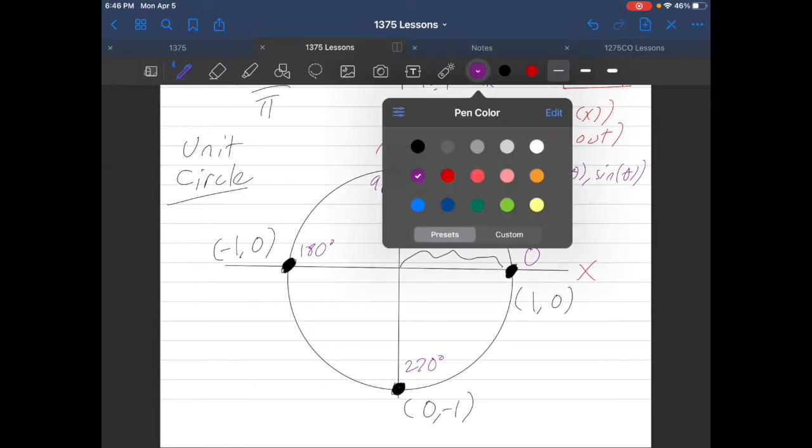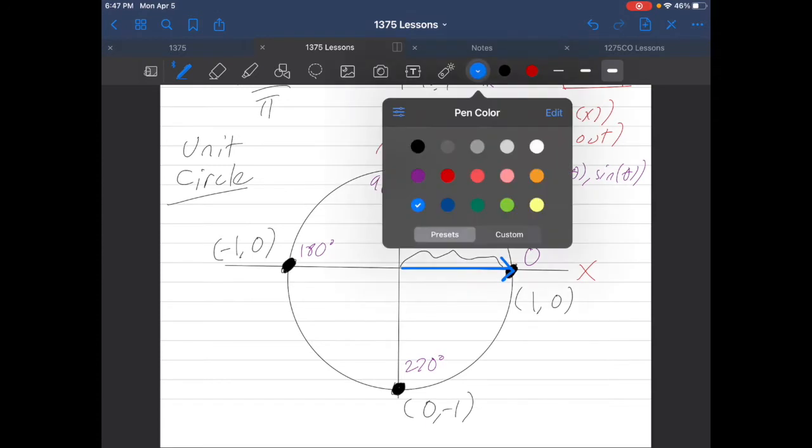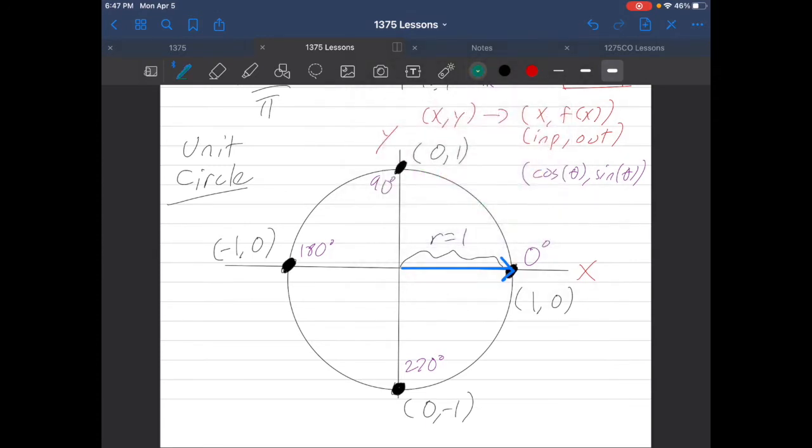In trigonometry, we draw angles like so. Starting here at the positive x-axis, and another length swinging up. It doesn't have to be that long. I mean, it can be, the length of this line here can be whatever.